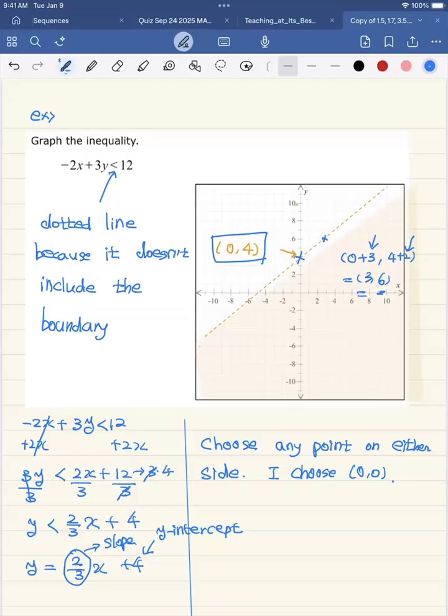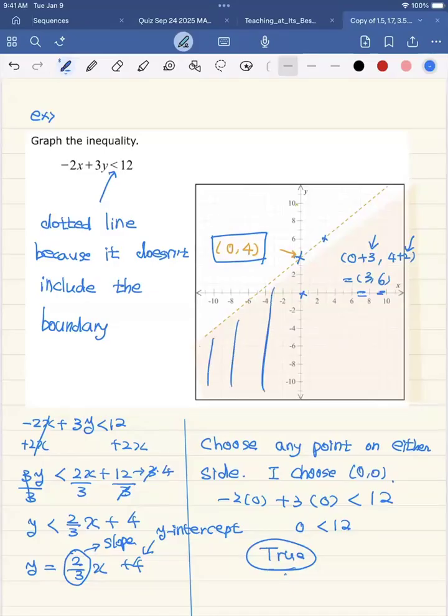We have negative 2x plus 3y less than 12. So negative 2 times 0 plus 3 times 0 is less than 12. The left side is 0. 0 is less than 12. That is true. So 0, 0 is one of the solutions, and the entire side that contains 0, 0 will be the solution set.